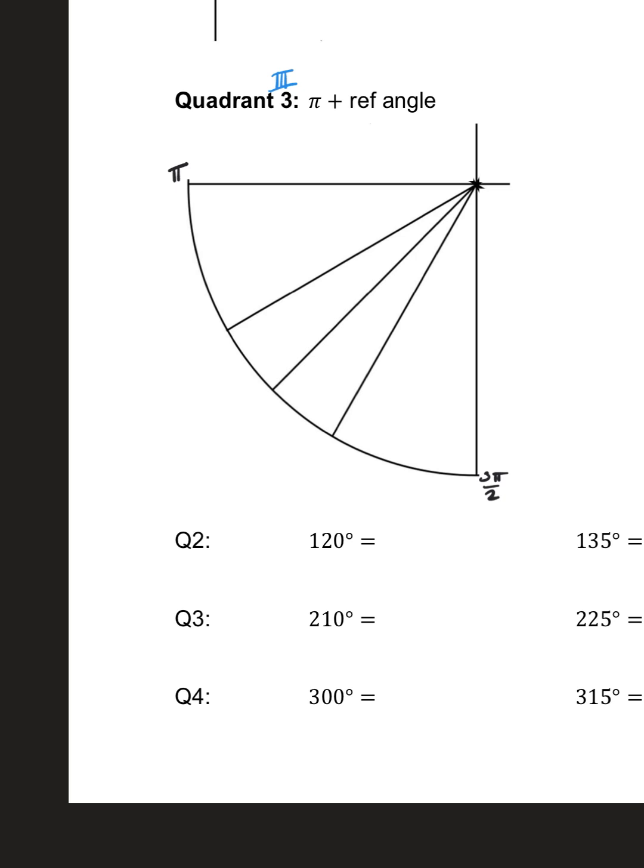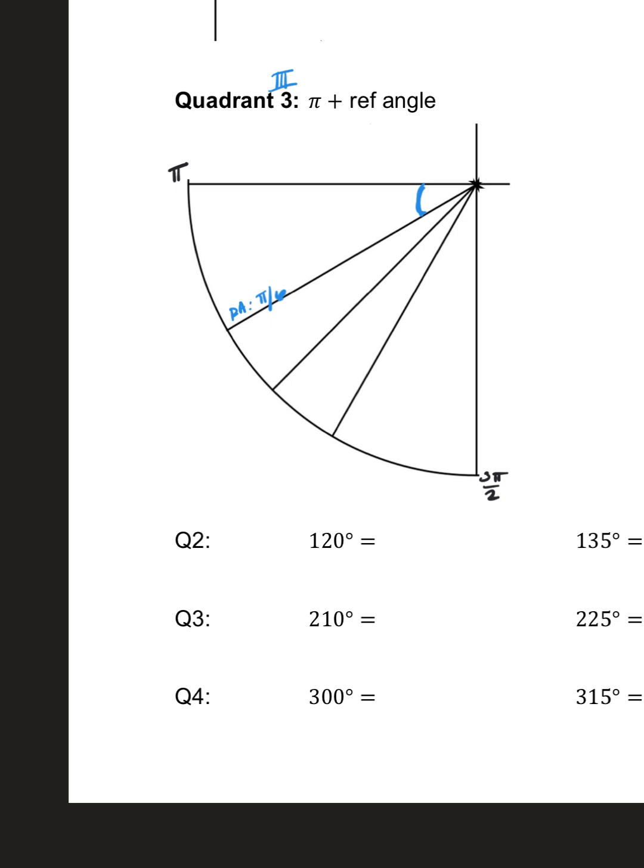So if this is the smaller angle here, this first one, that's going to be my pi over 6 as my reference angle. This time I'm adding pi to the reference angle instead of subtracting like I was doing earlier.